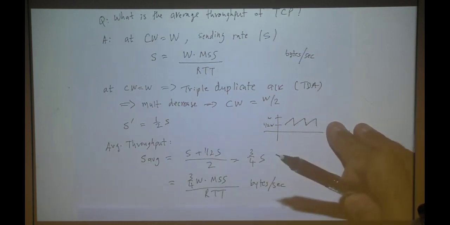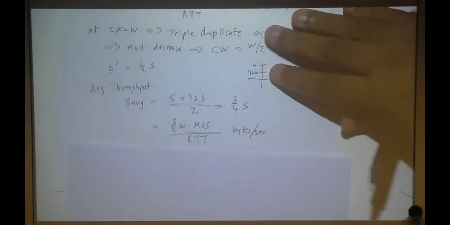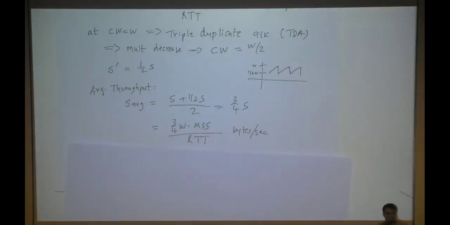So we get that if I'm alternating back and forth, I get 3/4 of this W times MSS over RTT. So anyway, this is just a scaled version of the original one, right? So it just takes into account the fact that I have this decrease in the window, this linear increase and decrease.